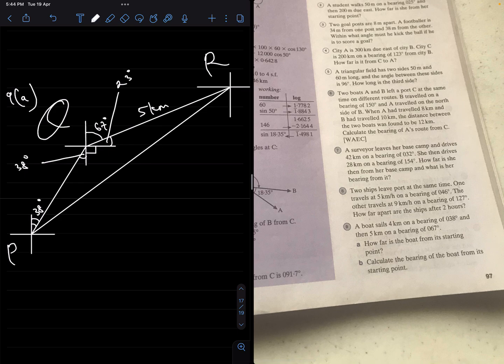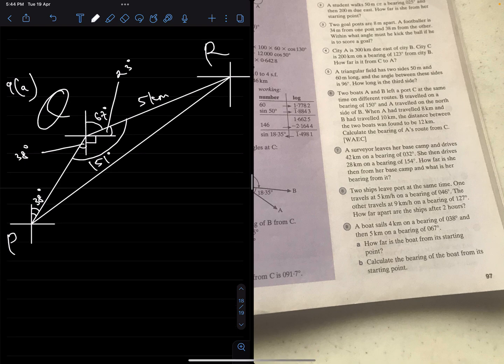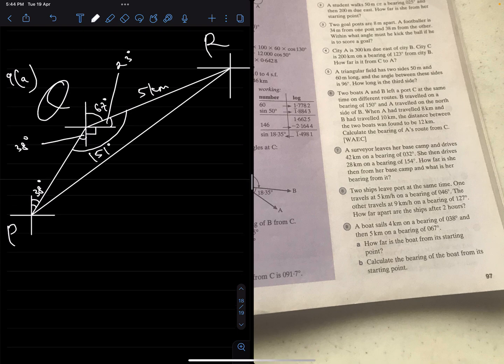So the whole of this is 38 plus 90 plus 23 degrees, and that's 151 degrees. So now how do we find distance PR? That's very simple. Let me call this x.